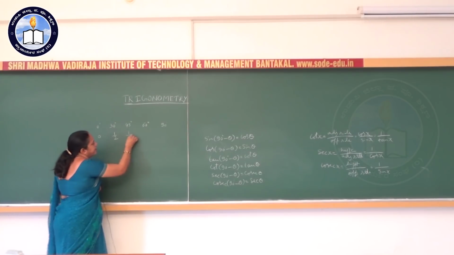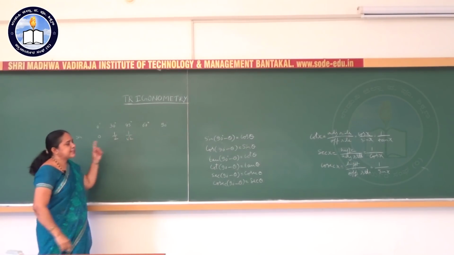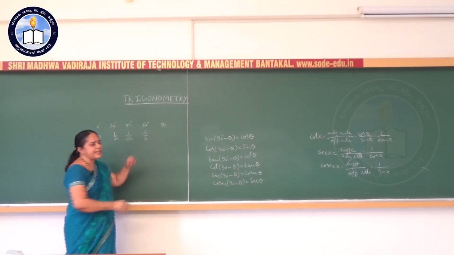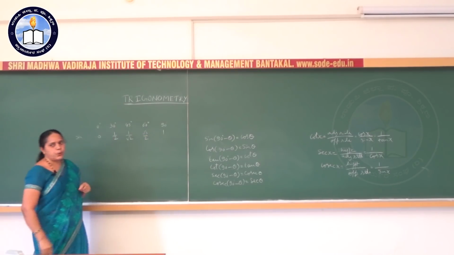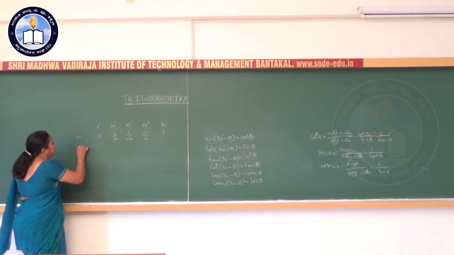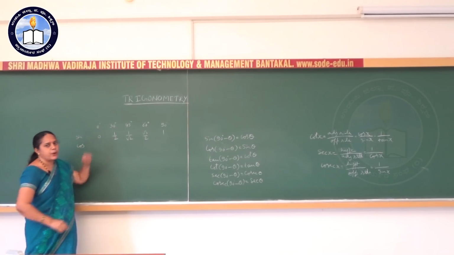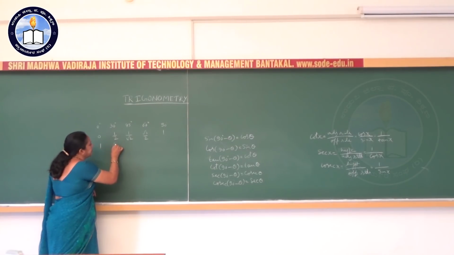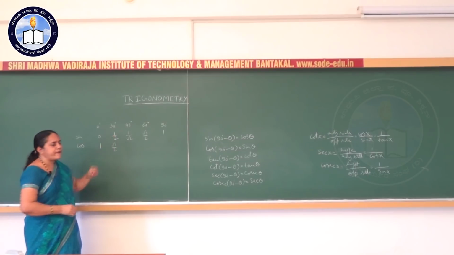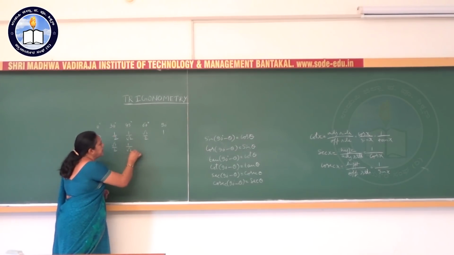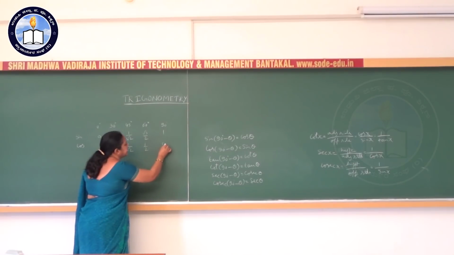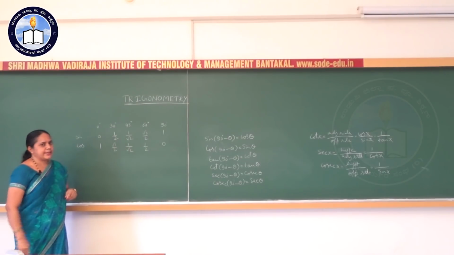Sine 45, 1 by root 2. Sine 60, root 3 by 2. Sine 90 is equal to 1. Cos 0 is equal to 1. Cos 30, root 3 by 2. Cos 45, 1 by root 2. Cos 60, half. Cos 90 is equal to 0.